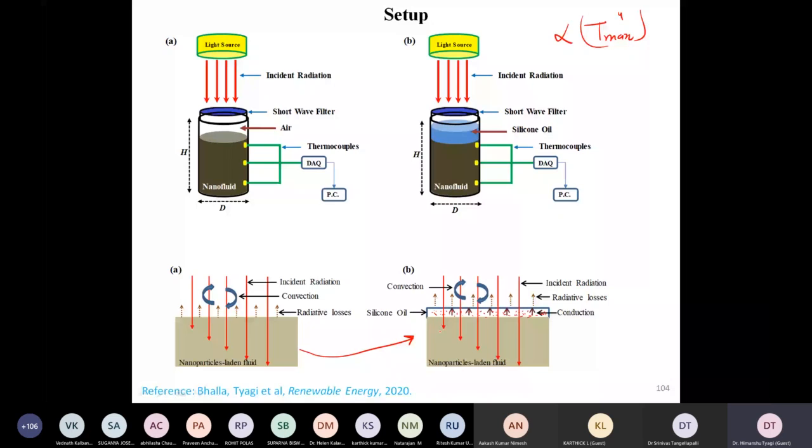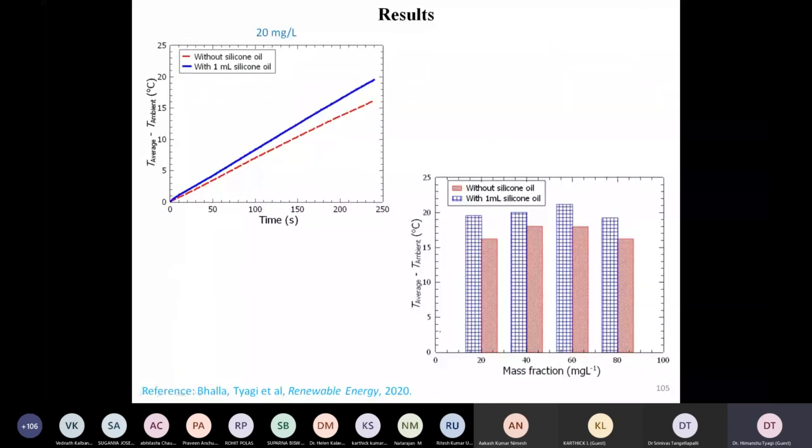And this is what we are seeing in this particular graph on the top left side. If we focus our attention, what we are seeing is that if we didn't have silicone oil, then we have a slightly lower rise in temperature, represented by the red curve. Compared to when we added a little bit of silicone oil on top, the rise is a little bit modest.